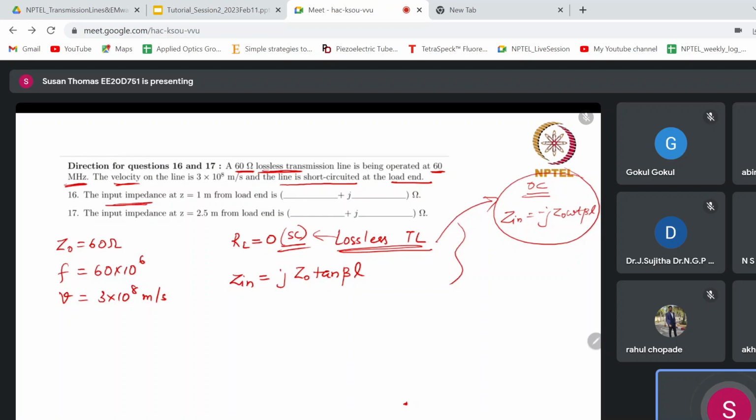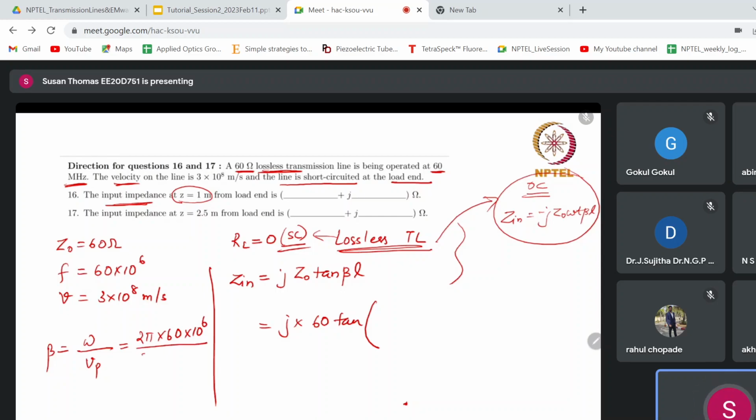Input impedance which is being asked at z equal to 1 meter from the load. So j into what is Z0? 60 tan of what is beta? How do we find beta here? Omega by Vp. Omega is 2 pi into 60 into 10 power 6.